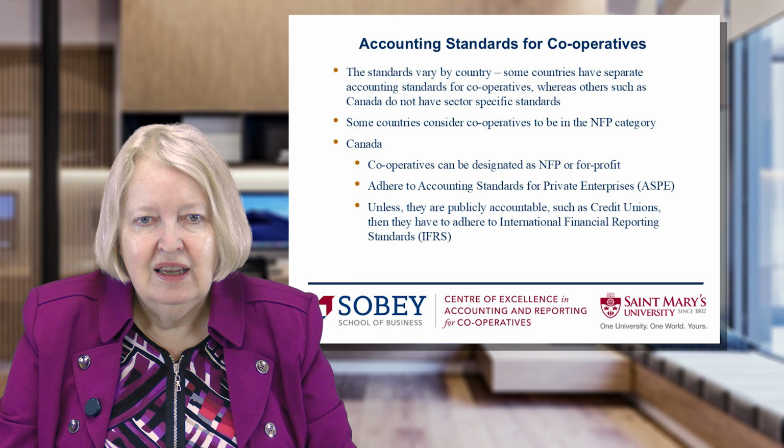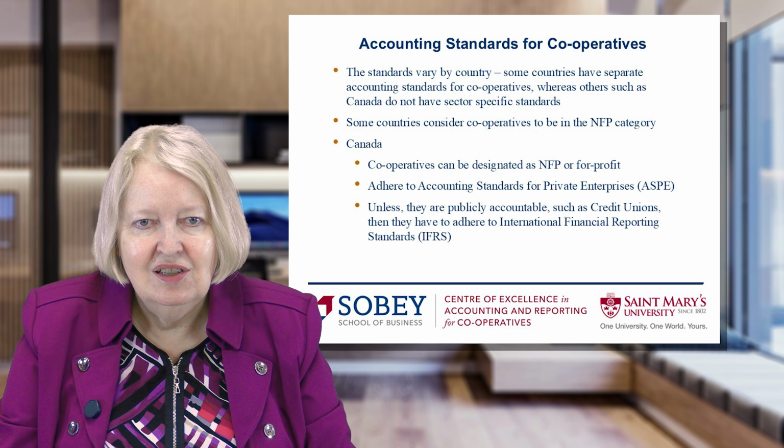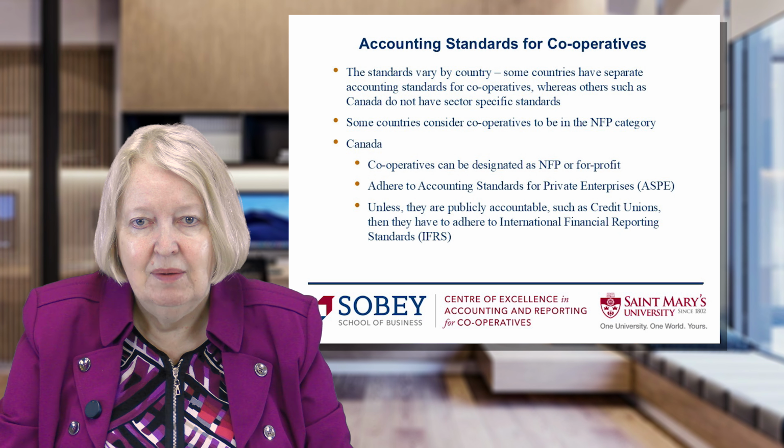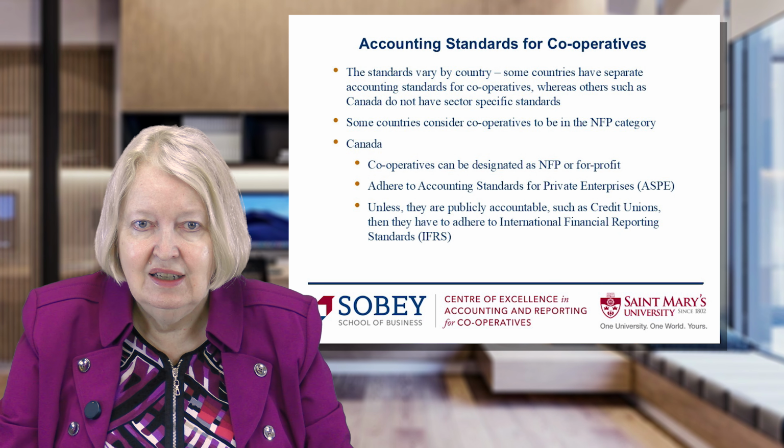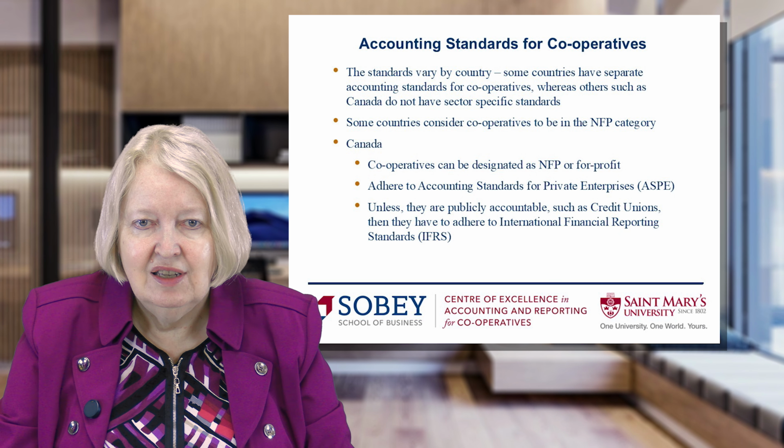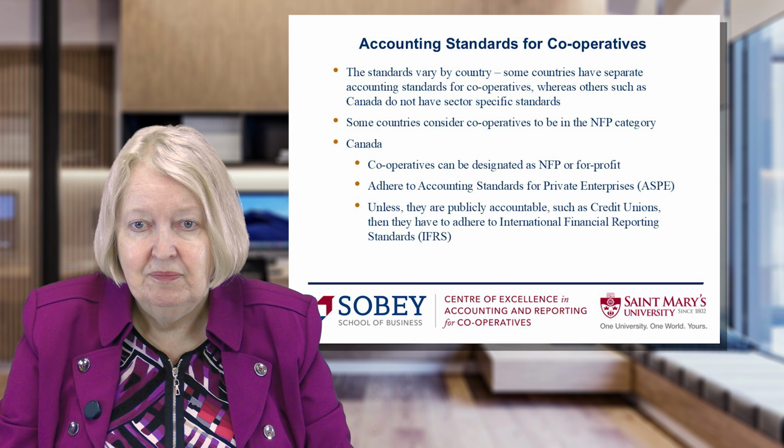So when you're looking at accounting standards for cooperatives, accounting standards vary by country. Some countries do have a separate set of accounting standards for cooperatives, whereas others, such as Canada, do not have sector-specific standards for co-ops.